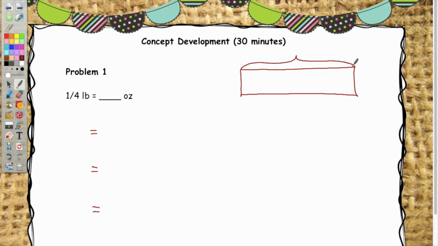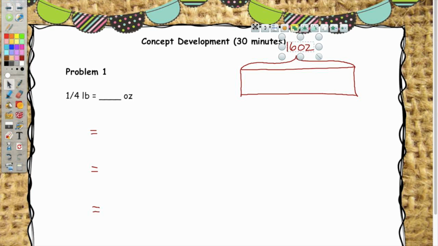So here's what I need to know. What's my total amount? 1/4 pound equals how many ounces? What's my total amount? You think it's 1/4 or do you think it's 1 pound? It's 1 pound. Now, the only thing is, I've got to convert it. So what do you think my total amount needs to be? 16 ounces.